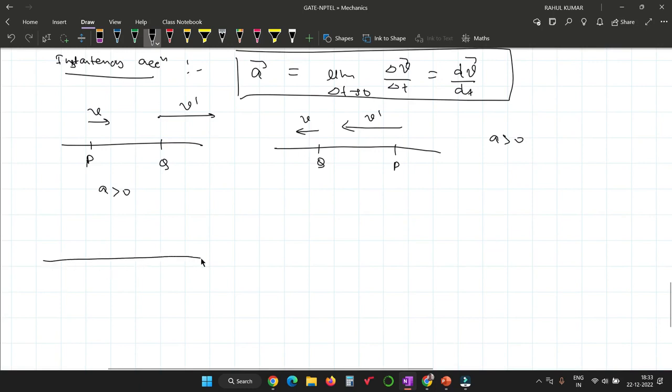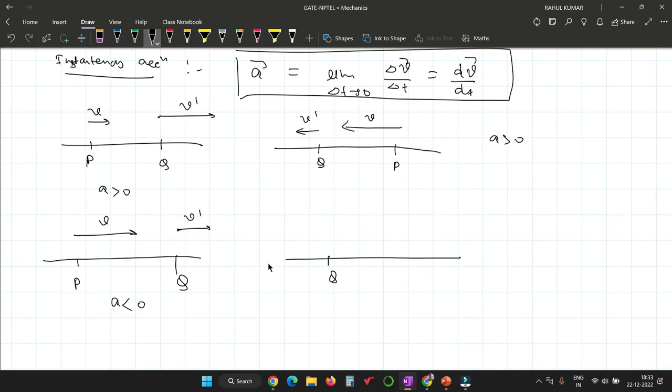And here it must be V dash. If the particle's position is P, Q, and if initial is larger and final is smaller, then in this case A will be negative.